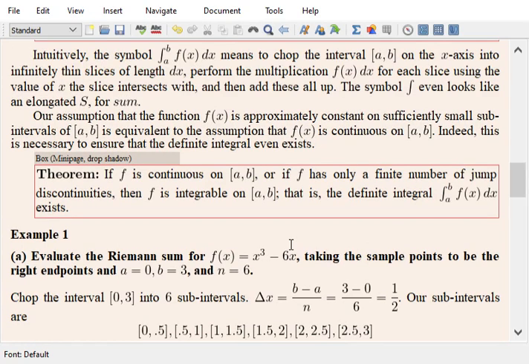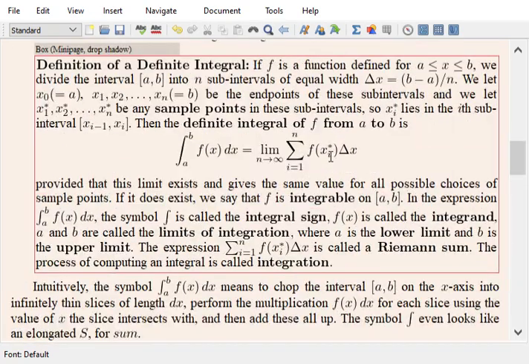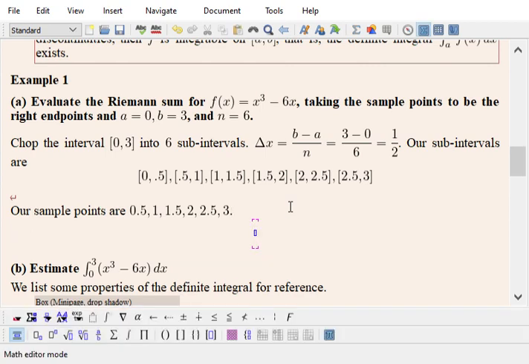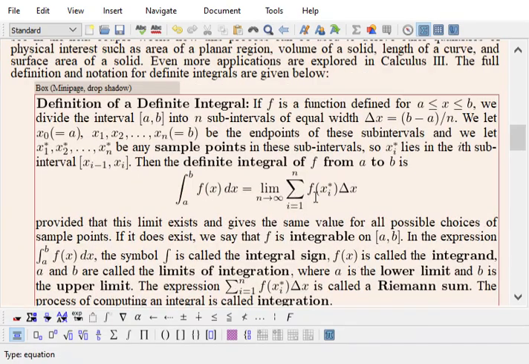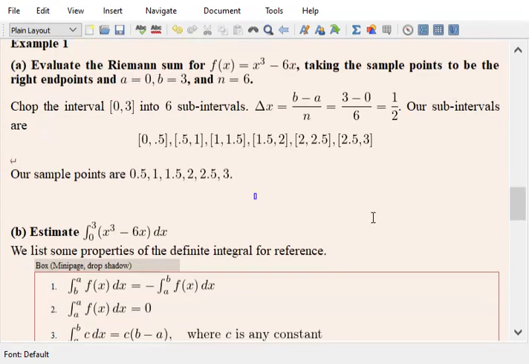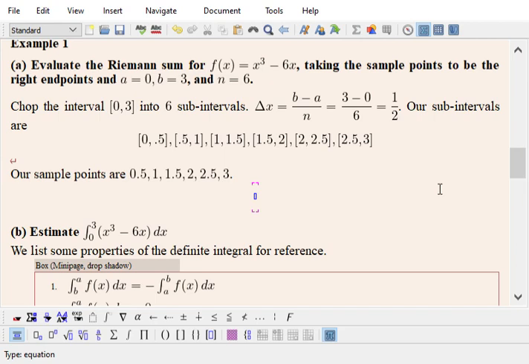So these are going to be the xi star inside this formula. Okay, so evaluate the Riemann sum. We are just going to compute this quantity for each of the sample points and then just add them all up, right? That's literally all that we have to do.